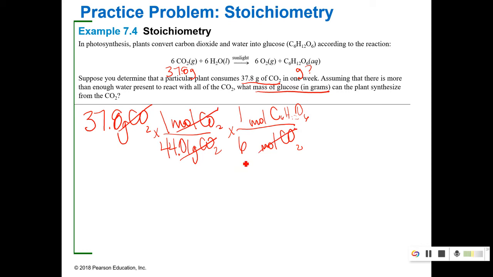Cross out our moles. Don't forget, these numbers come from the coefficients. And I believe the mass of glucose is 80.18.